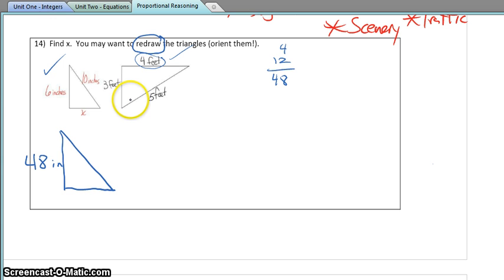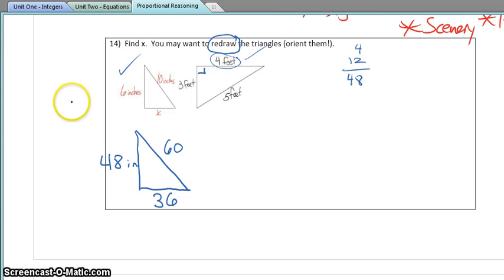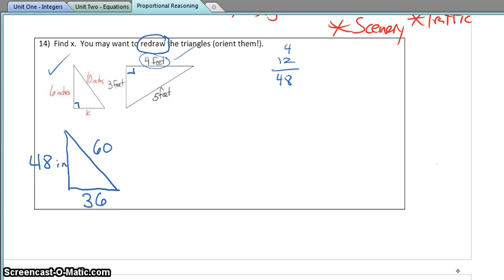So that's my opinion. That's what I'm going to do. 5 feet is 60 inches, and 3 feet, which would go on the bottom, is 36 inches. If you need to turn your paper in order to orient those and draw in a right angle, you should do that. It's jumped around a little bit on me here. Sorry. Here we go. More importantly, let's set up a proportion.